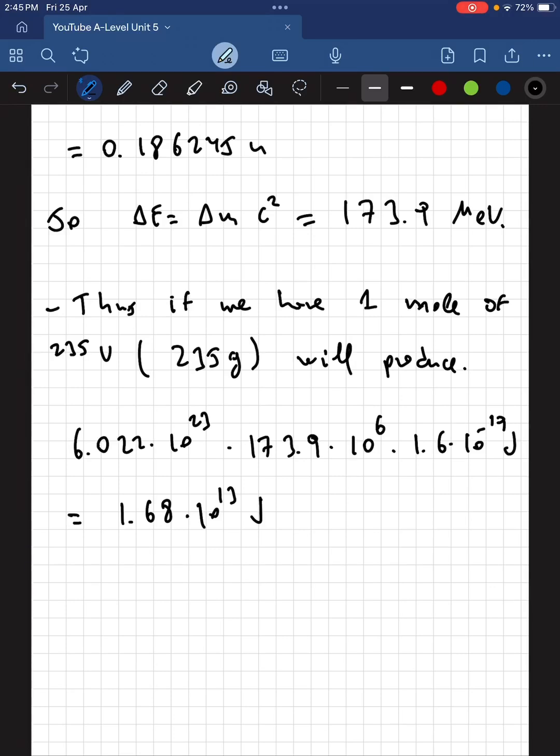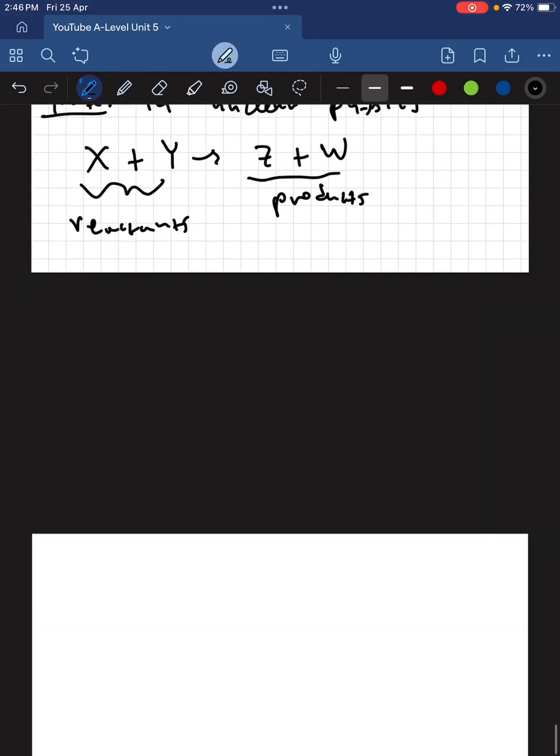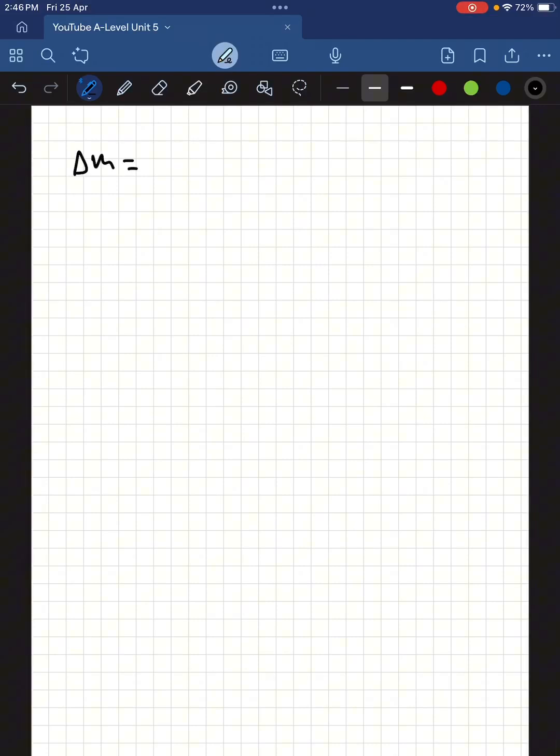Let's write one rule, because I feel like it was being confusing. In nuclear physics, when we deal with reactions and we want to find the mass deficit, if we have a nucleus X plus a nucleus Y producing a nucleus Z and a nucleus W, these are the reactants and these are the products, then delta M, the mass deficit, is the mass of the reactants minus the mass of the products.